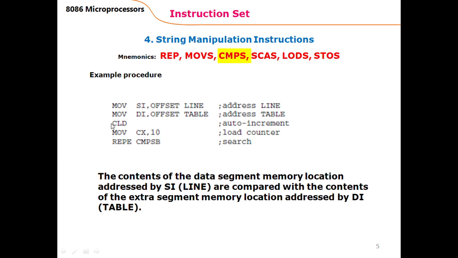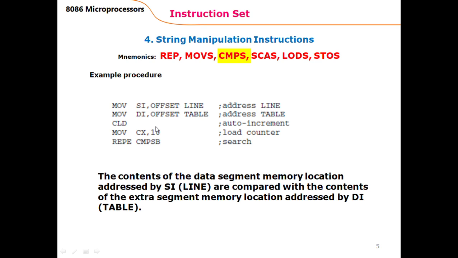And then a CLD process control instruction is used to clear the direction flag. So here, this instruction is used to set the auto increment mode, and if there is another instruction, and that is STD, to set direction flag, that would choose the auto decrement mode.